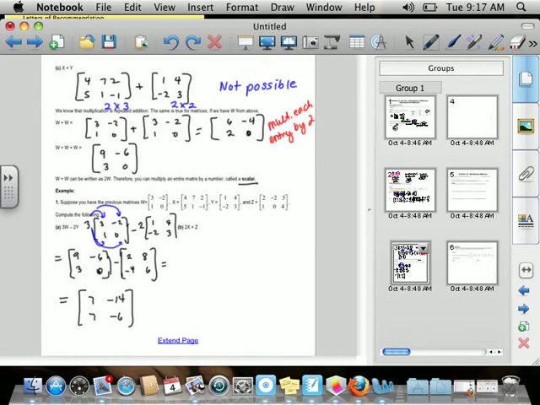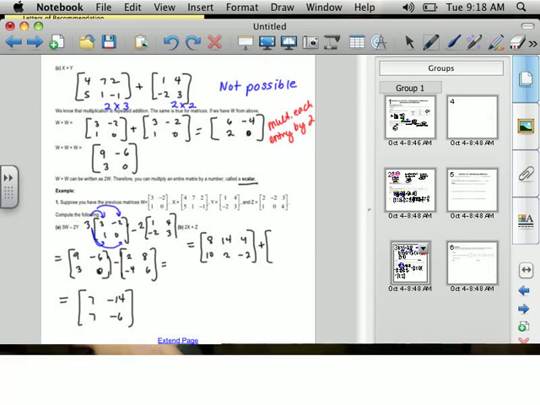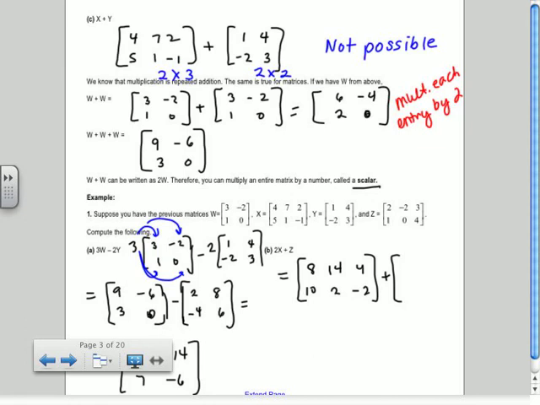All right, so let's kind of do this one as we go. If I have 2x, here's my x. I'm going to multiply 2 in as I go. So I'm going to get 8, 14, 4, 10, 2, negative 2. And I'm adding it to z. So I have 2, negative 2, 3, 1, 0, 4.